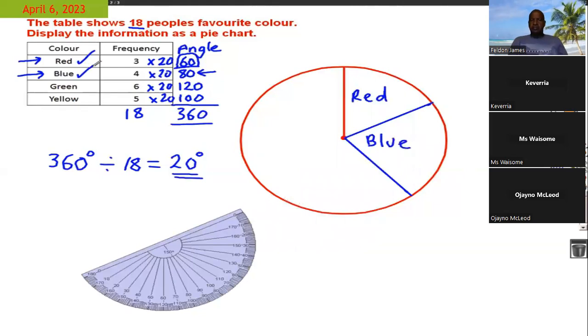Do that. 2 more to go. So now we're going to have a go at drawing the section for green. So we know for green we're going to draw it. So the method is the same.